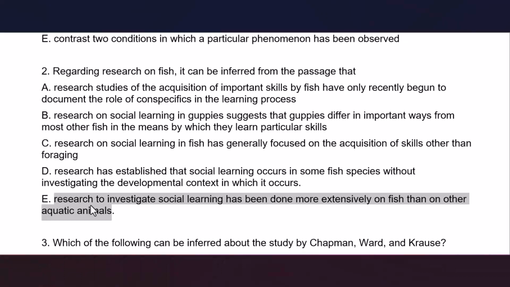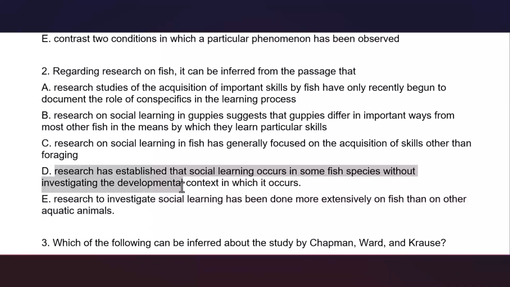We cannot infer this statement. So clearly we can reject it because the passage does not offer any information for a species other than fish, like the rest of aquatic animals. So the option E is clearly rejected, and the answer to this question is option D.